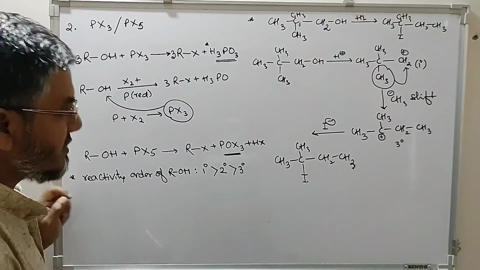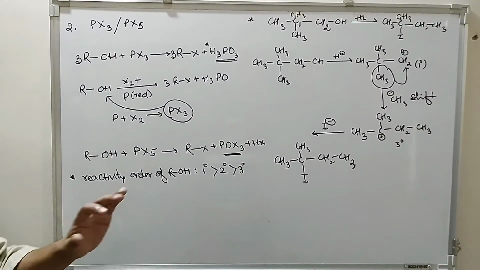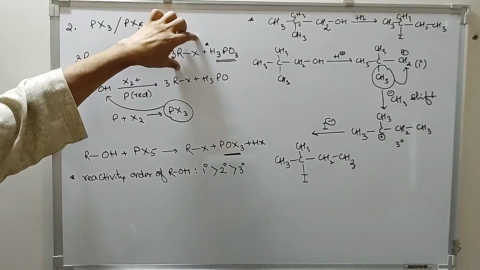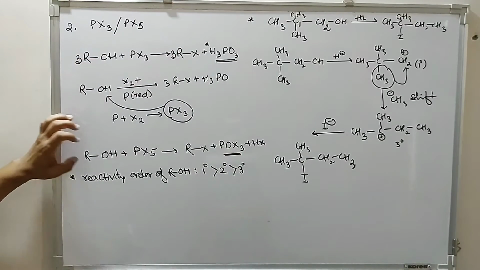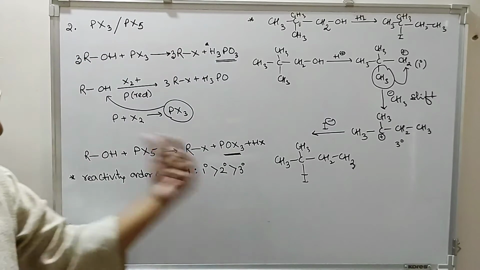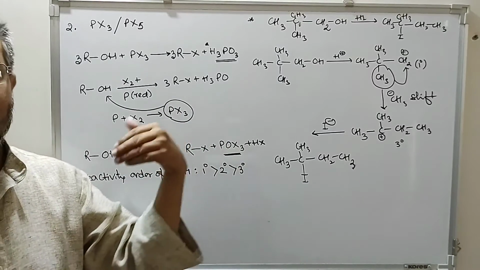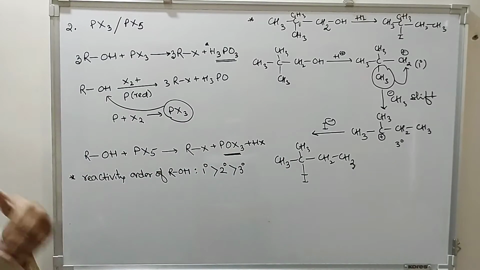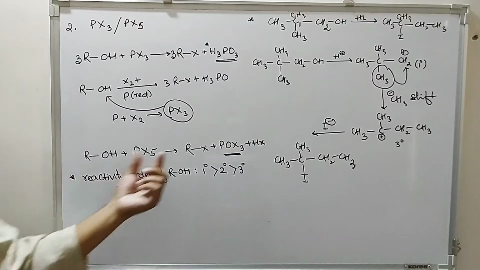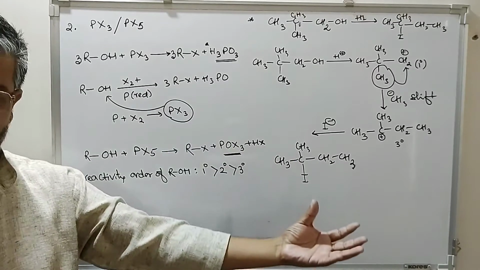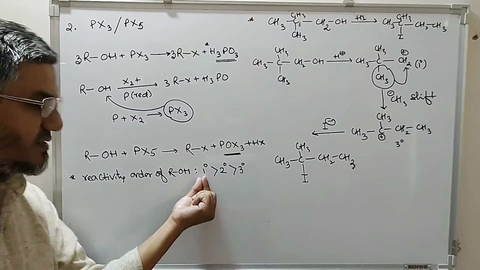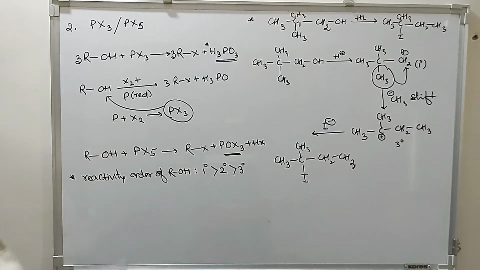If I say primary is the most reactive, it means maximum yield of alkyl halide will be obtained if I start with primary alcohol. With tertiary alcohol, there is a chance of dehydration leading to the formation of alkene. So we are not focusing on alkene, we are focusing on formation of alkyl halide as a major product. For this, we have to take this alcohol to be primary.